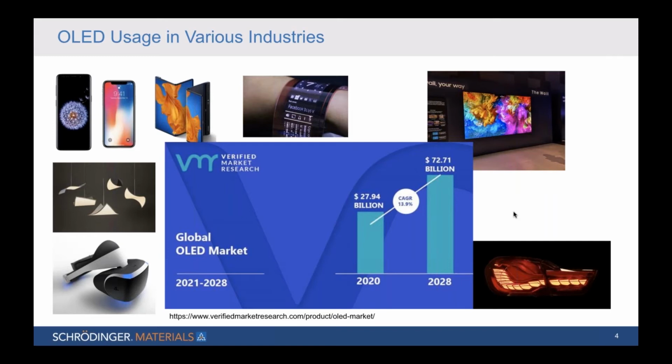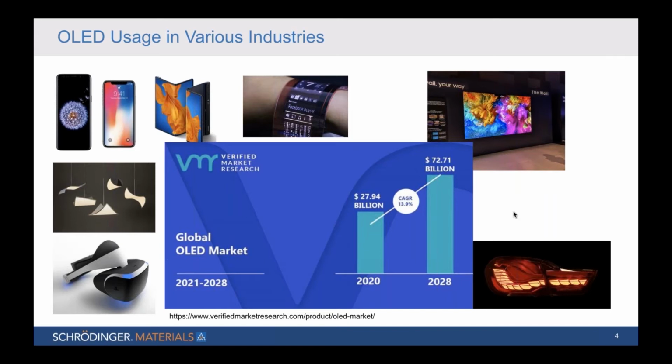So based on recent forecast from Verified Market Research, the global OLED market in 2020 is almost 28 billion. And the compounded annual growth rate is predicted to be just below 14%.